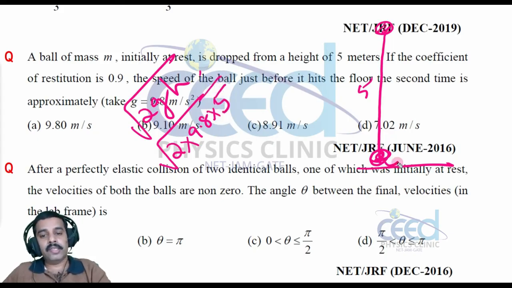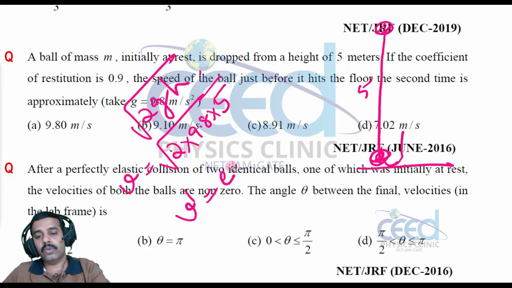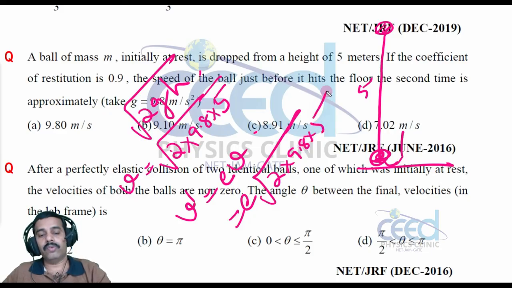And when it hits, its velocity changes. What is that velocity? This is before hitting, v. After hitting, the v dash becomes coefficient of restitution into this velocity, that is e root 2 into 9.8 into 5.